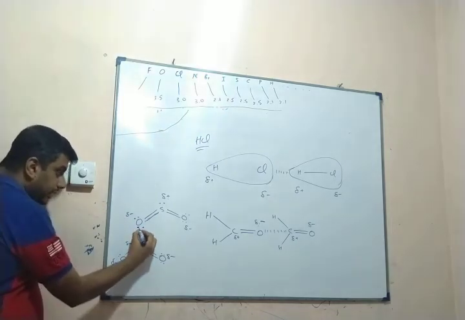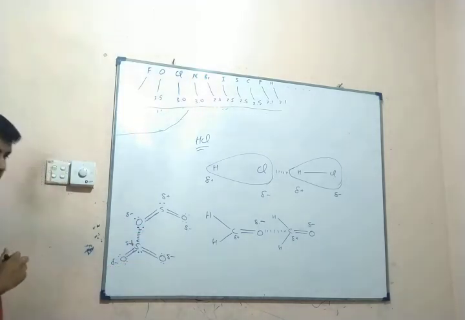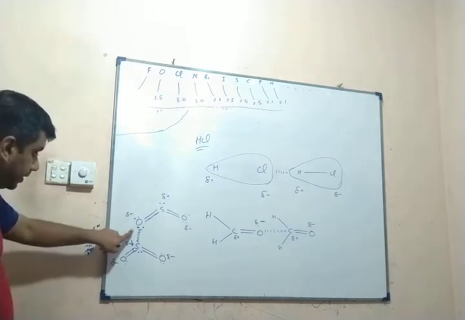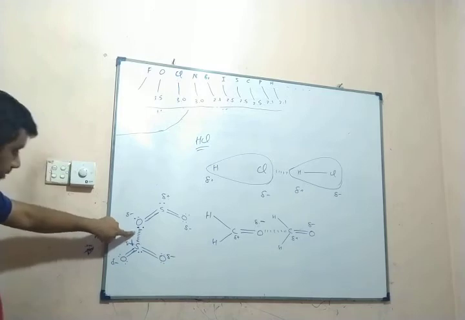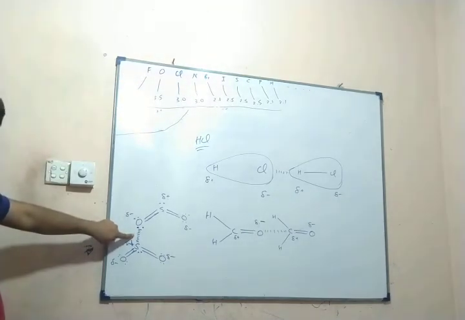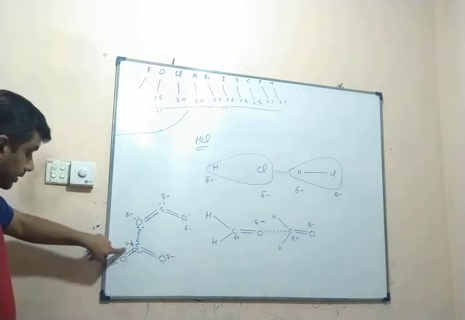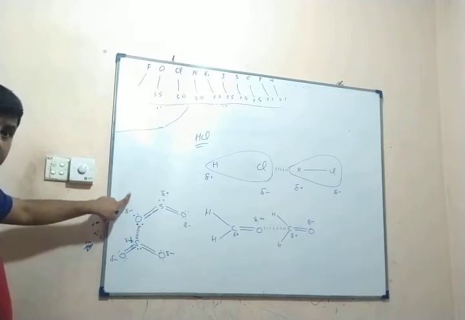It should be pointed out like this. This is the way the attraction should be shown, between this delta plus and the lone pair of the delta minus.